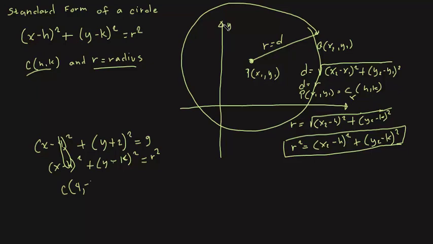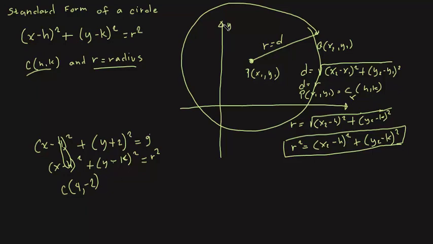So k is negative 2. In short, if you are given positive, you just do the opposite, negative. If you are given negative, you'll have a positive value.